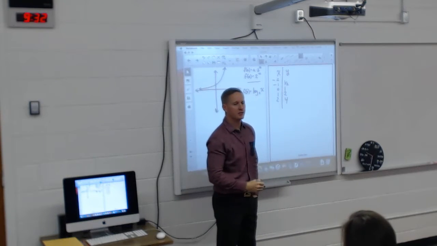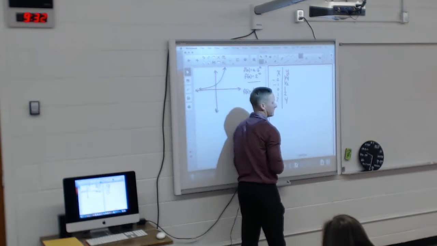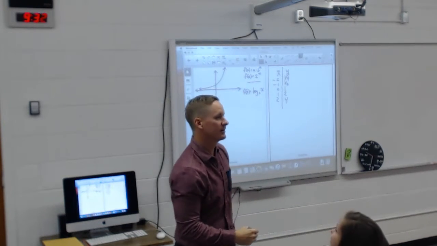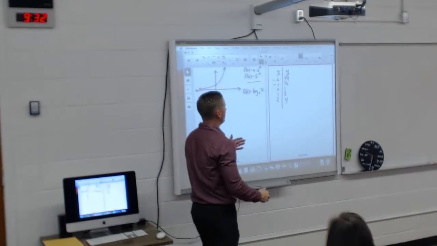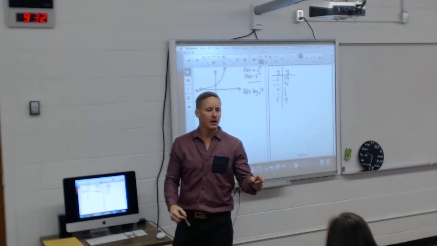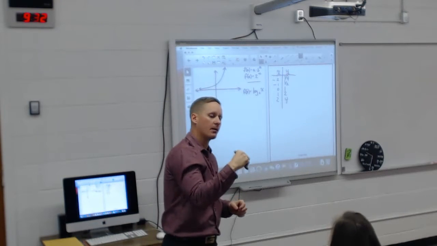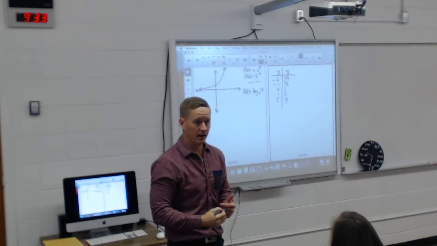And then 2 to the negative 2? So let's remember, when you have a negative exponent, you make it positive by putting it on the bottom of the fraction and then finding your value, right?